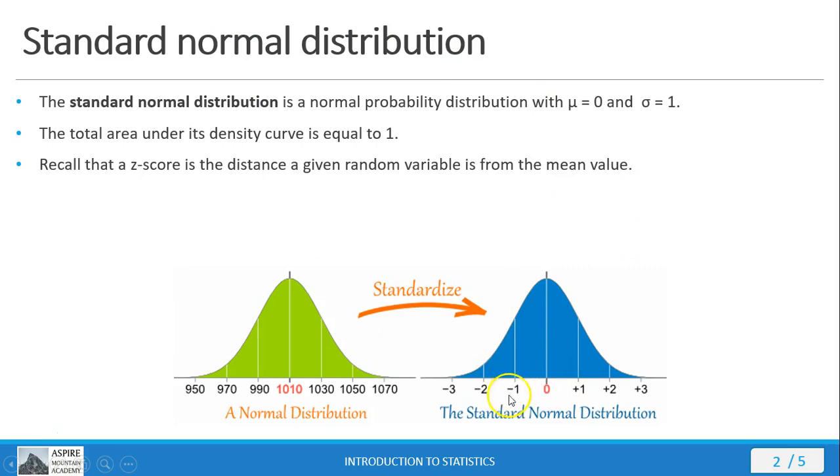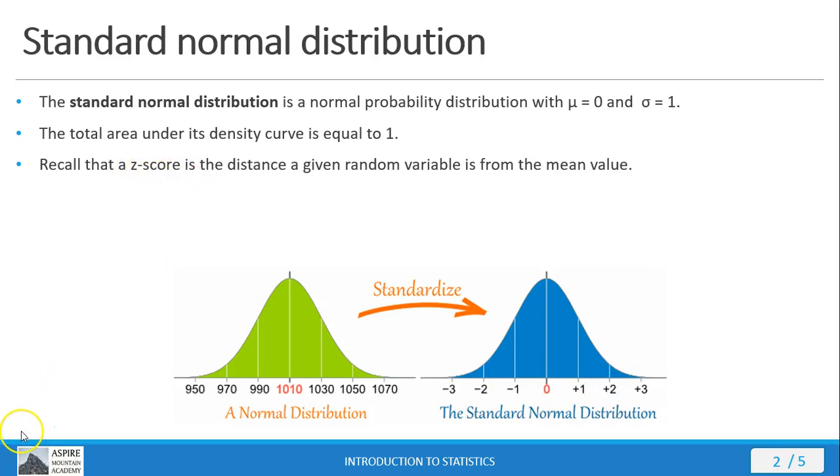Same thing here with the other side. This negative 1 here, that's 1 standard deviation to the left of the mean, and so this corresponds with a z-score of negative 1. So these random variable values for the standard normal distribution are really the same thing as z-scores.